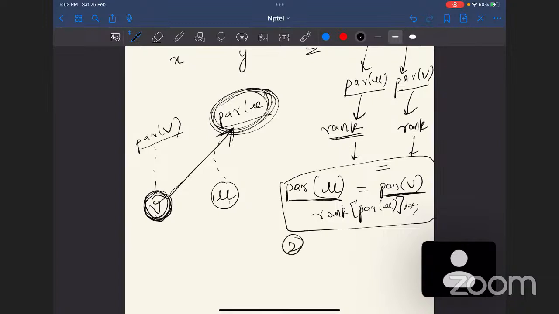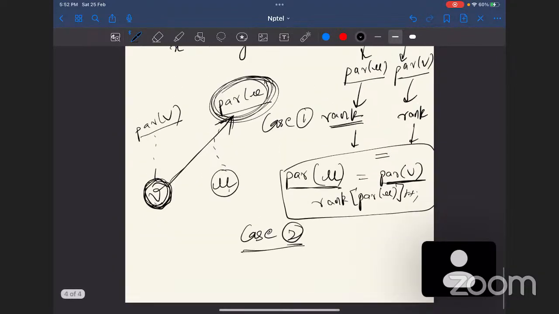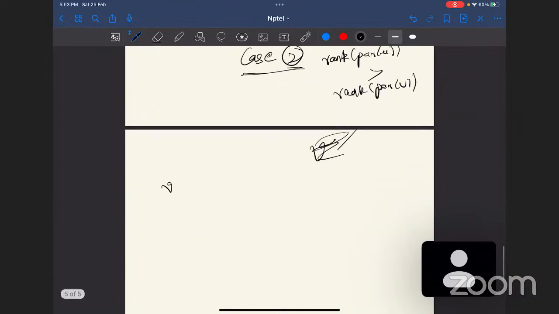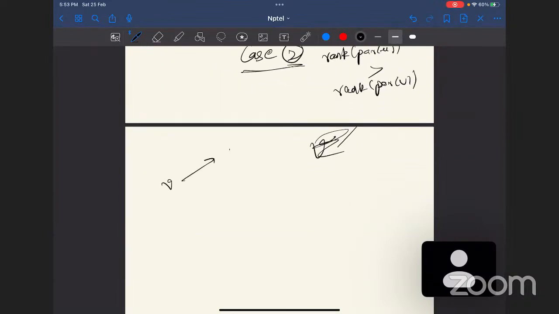Let's say second case, case 2. This was case 1 when the ranks are same, and case 2 when, let's say, rank of parent of U is greater than rank of parent of V. And what do we do? We attach V to parent of U. That means we make the parent of parent of V as parent of U, right?